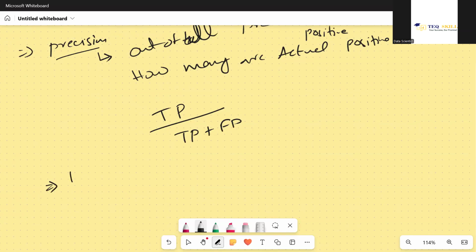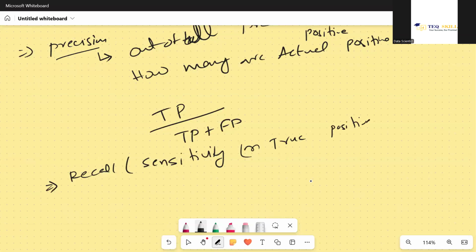Next one is recall. Another name for recall is sensitivity, or you can use true positive rate. Different names we can use.